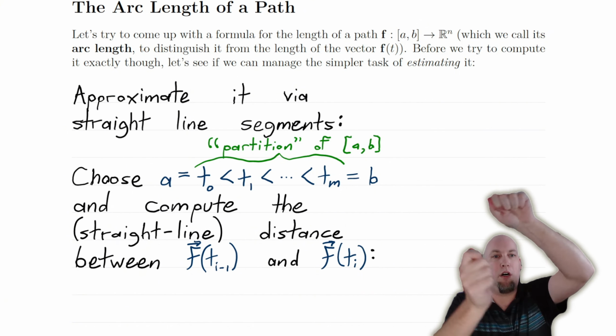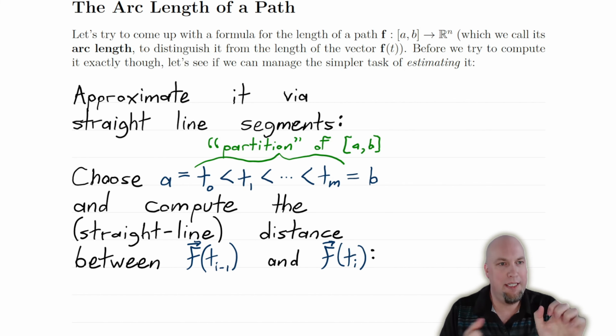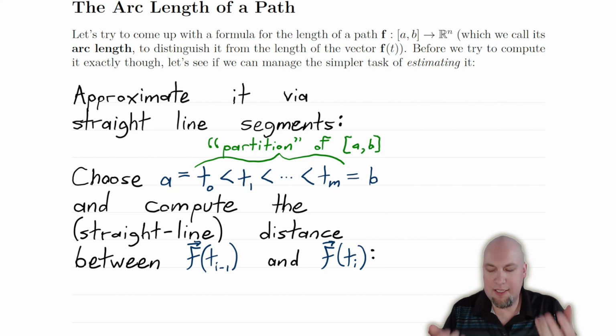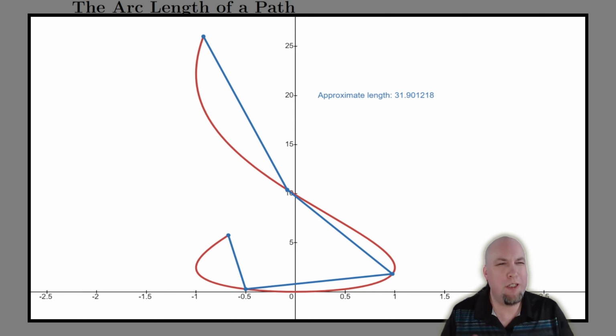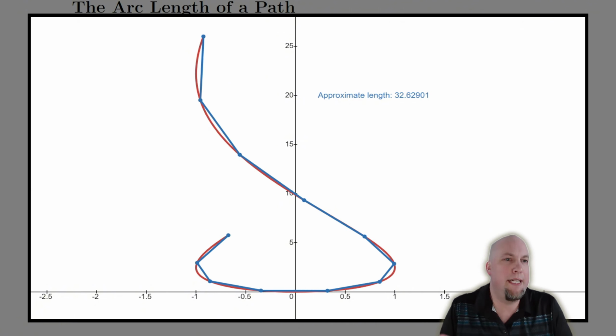I do that for all m subintervals, and then add up those m different straight line distances. I hope that as long as m is big enough, this sum of straight line distances should be a reasonably good estimate of the actual arc length of that curve. Geometrically, this seems reasonable, right?